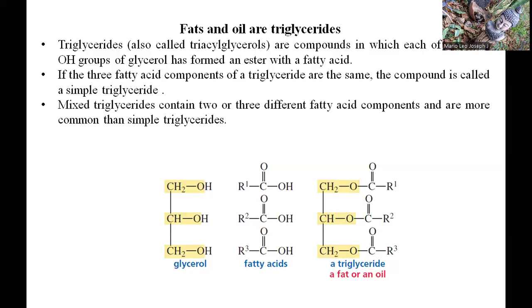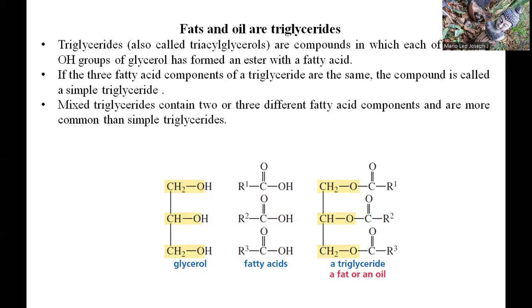Normally we have simple glycerides, where the same fatty acid is present, and we also have mixed glycerides, where we have three different fatty acids linked. So you have glycerol here, you have fatty acids here, and you have the triglyceride here.